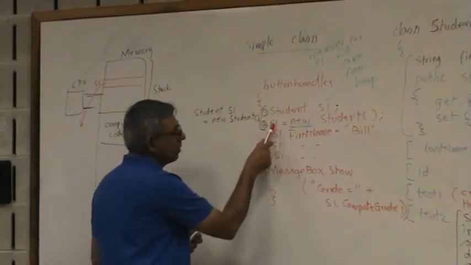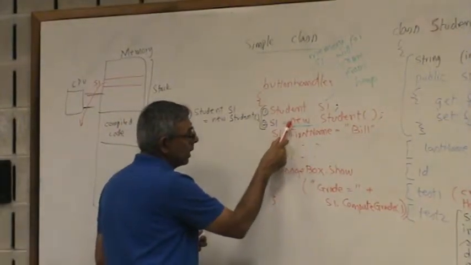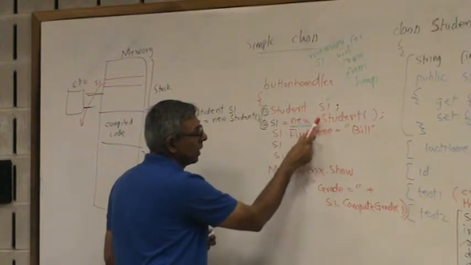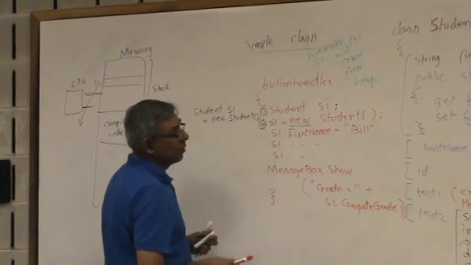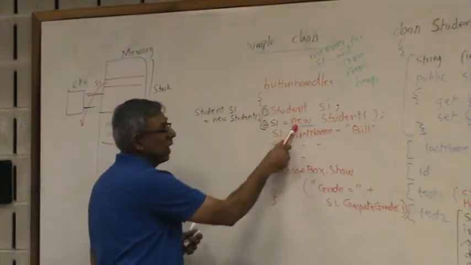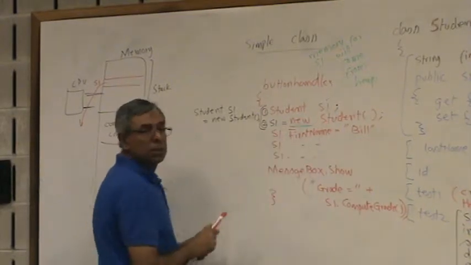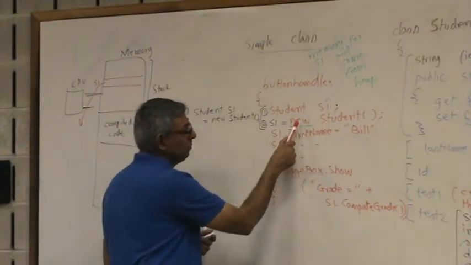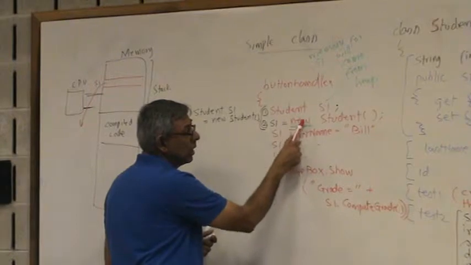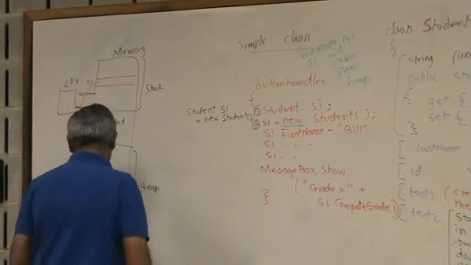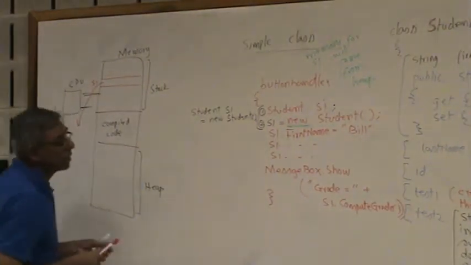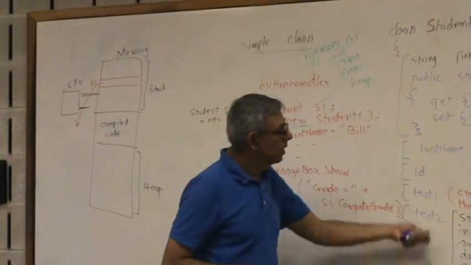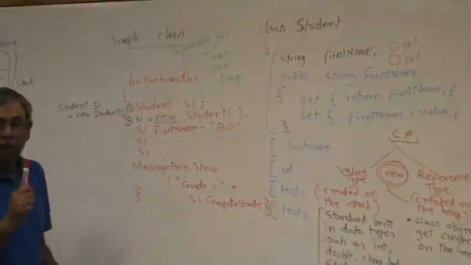Now let's go to the second statement. S1 equal to new student. That means we need to allocate memory for the student. And where is this going to come from? Because there's a new keyword, heap. So now let's go to the heap. How many fields does a student have? 5.